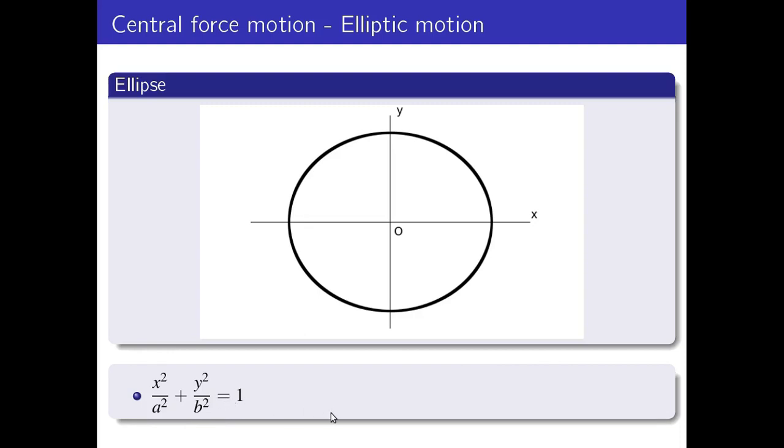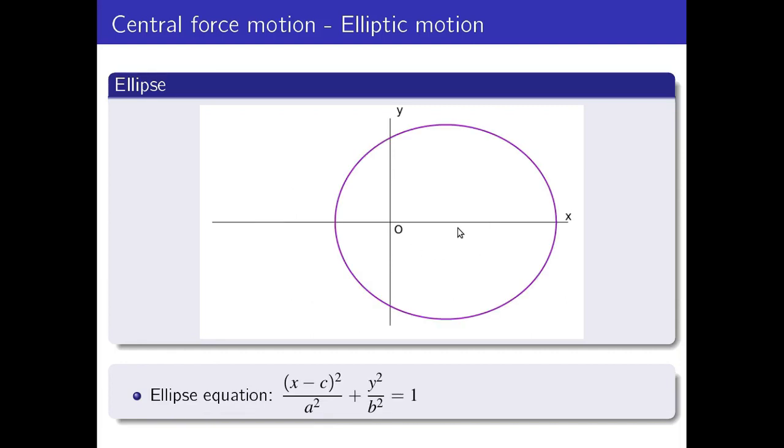Due to its relation with Kepler's laws, we will consider the ellipse in more detail to remember some of its properties. If we move the center of the coordinate system to the focal point of the ellipse, the ellipse equation can be written as (x minus c) square over a square plus y square over b square is equal to 1.